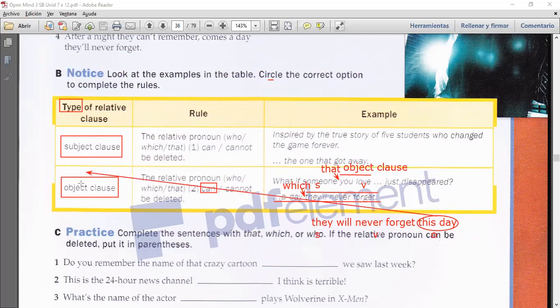That's why it's called an object clause. Why? Because this day, that day, a day can be here. Which? A day which they will never forget. A day that they will never forget.